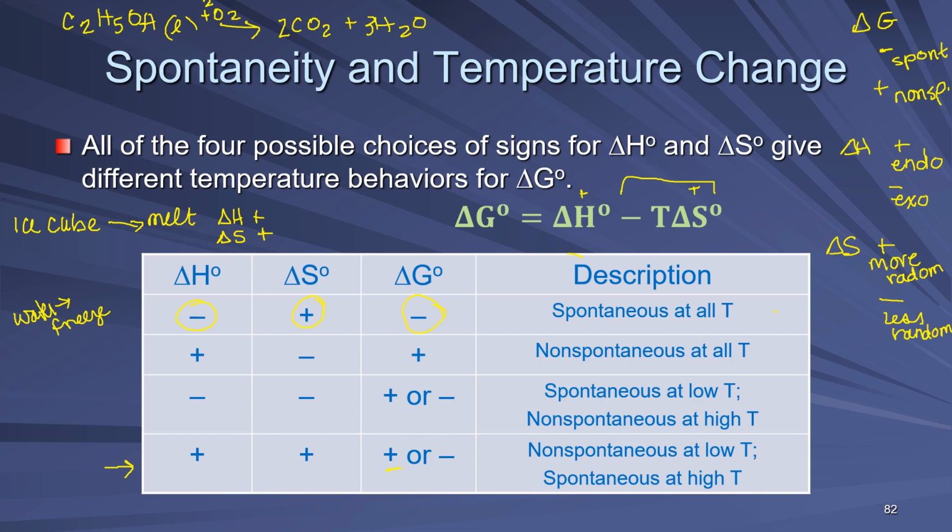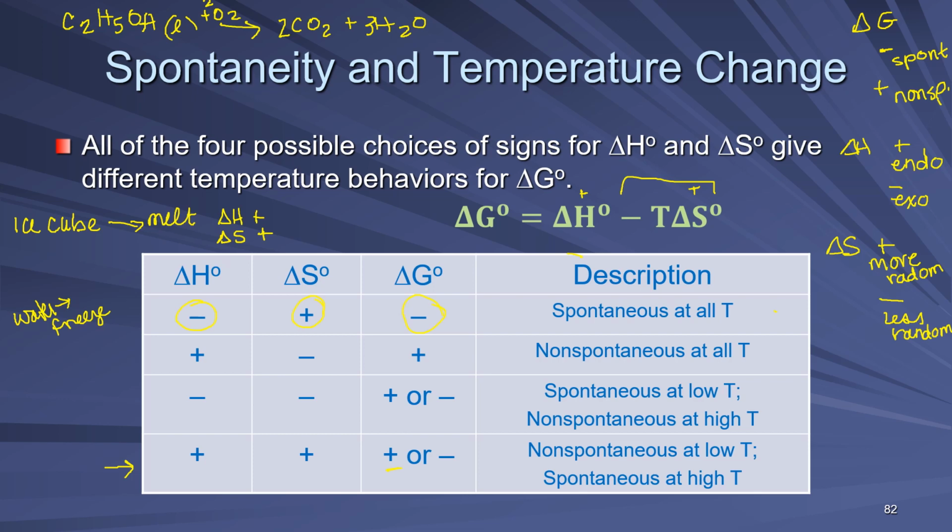That's going to happen at low temperatures, but not at high temperatures, so that's just the opposite. So depending on whether delta S is negative or positive, you can see that sometimes reactions are always spontaneous, sometimes they're never spontaneous, and sometimes it will depend on the temperature.